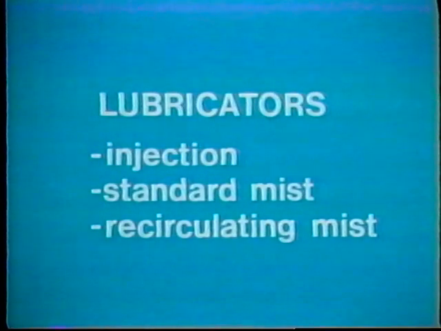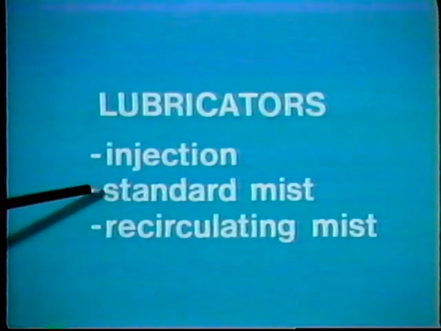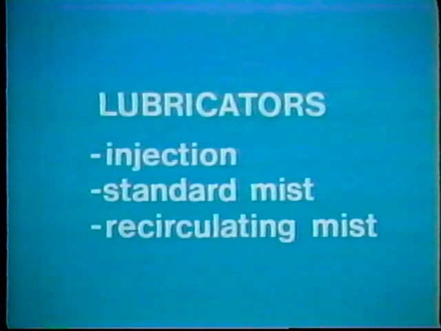Lubricators are of three basic types: injection, standard mist, and recirculating mist. Drops of oil are sometimes injected into an airline by what is called an injection or pulse-type lubricator. A minute amount of oil is delivered directly into the pneumatic component, and the oil injection is proportional to the cycle rate of the unit being lubricated.